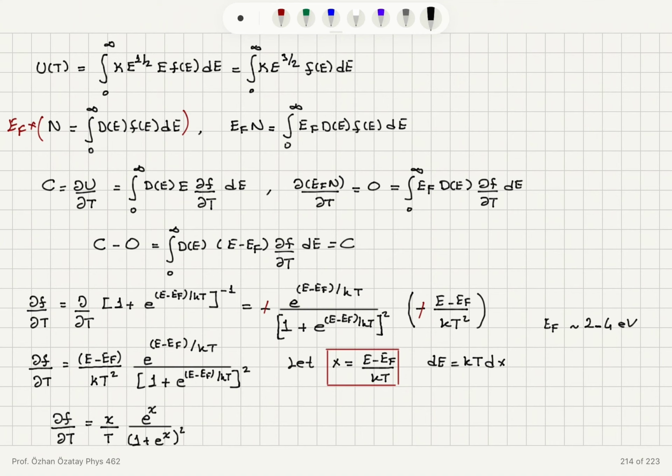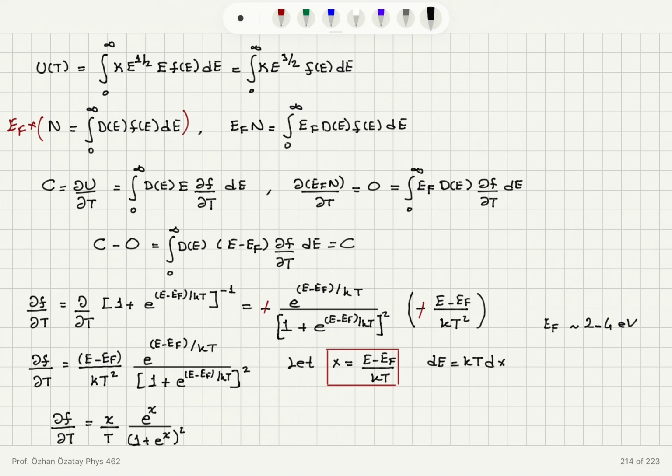So we have played a trick here. We multiplied the total number of electrons with the Fermi energy, and then we subtracted the derivative of finite temperature energy U with respect to T from 0, which is the derivative of E_F N with respect to T.